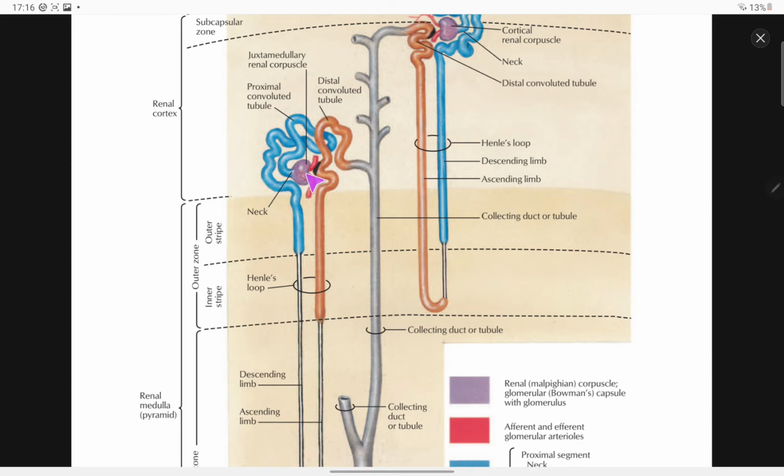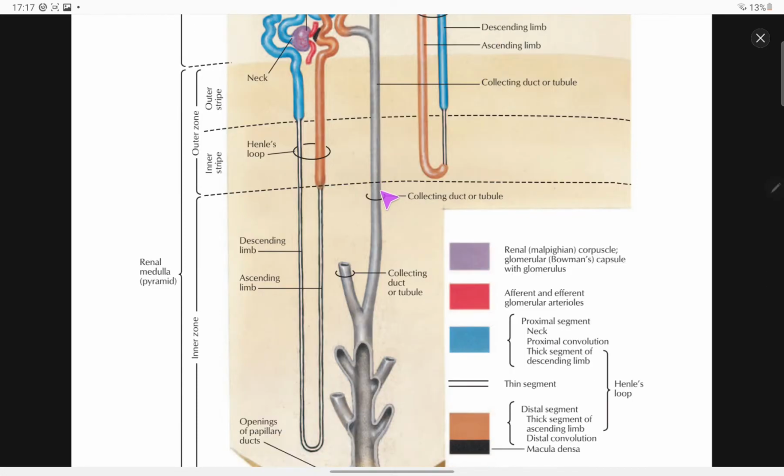So the nephron is the functional unit of the kidney and it comprises the renal corpuscle or Malpighian corpuscle, made up of the glomerulus, a tuft of capillaries, and the Bowman's capsule. Then you have the renal tubules, that is the PCT, Henle's loop with its ascending and descending limb, and then the DCT.